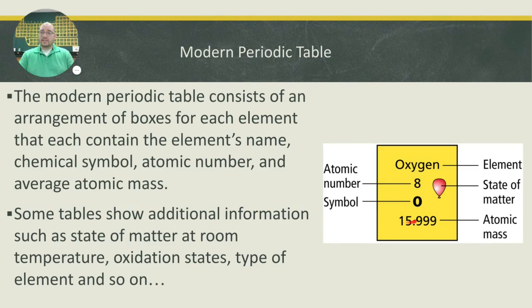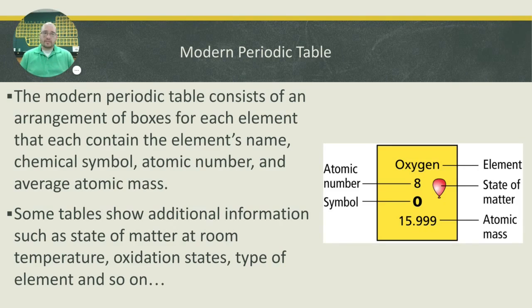The atomic mass, the average atomic mass, as we learned in the previous unit about the weighted average atomic mass, is always going to end up being a decimal number. You will notice on some periodic tables that you've got numbers in parentheses. Those are for the synthetic elements that we can't actually figure out their mass because we only know of one isotope, or they don't have any stable isotopes for us to figure out the average atomic mass.